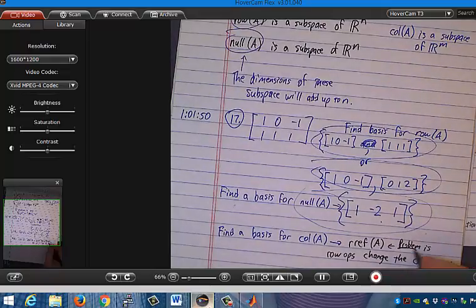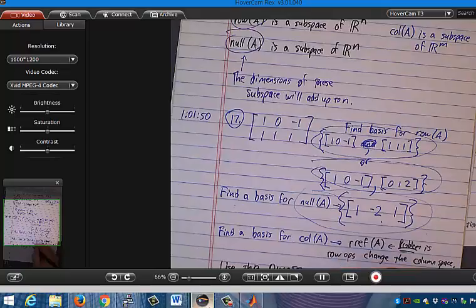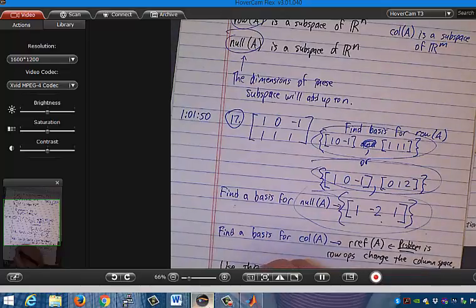So that's a problem. But what you can do now is use the pivots to decide which columns of the original matrix you can use, or you should use.